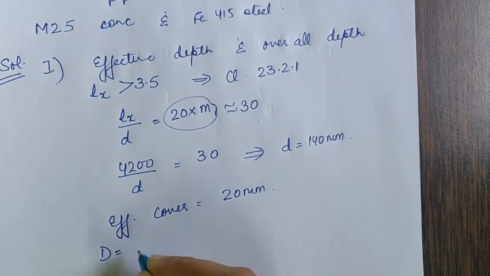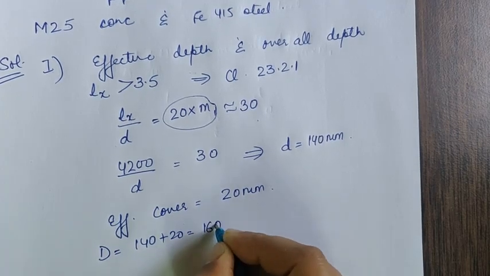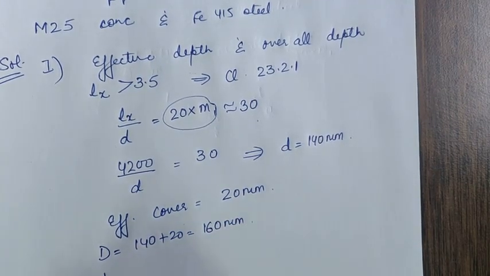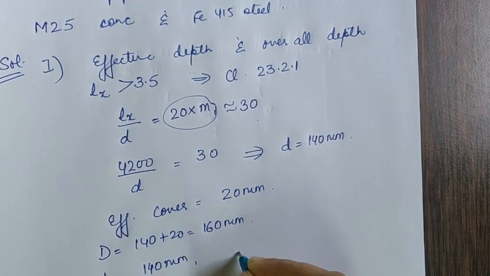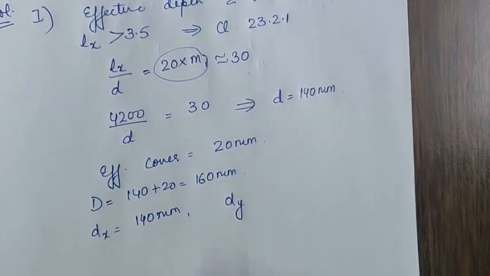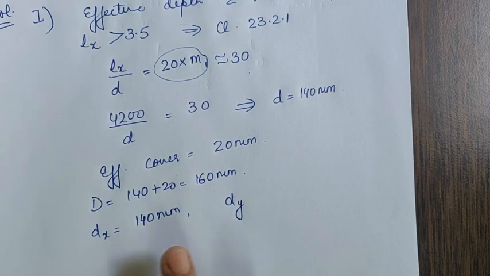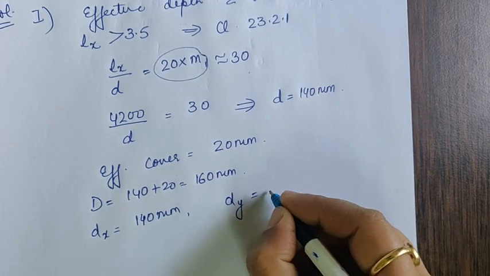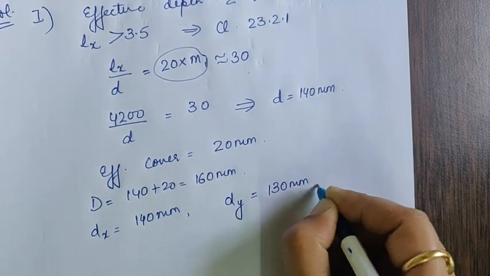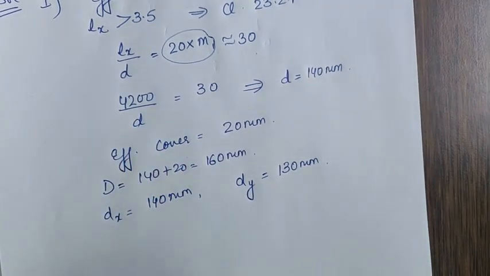Therefore, the value of overall depth becomes 140 plus 20, that is 160 millimeters. Dx has become 140 millimeters, and the effective depth along y direction, if we are using 10 mm dia bars, we generally take, even for 8 mm dia we could have taken 140 minus 8, but I am using 140 minus 10 only, so I am taking this value to be 130 millimeters. Okay. Now, this is the first step.